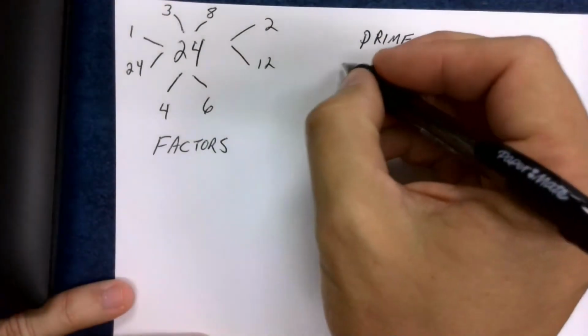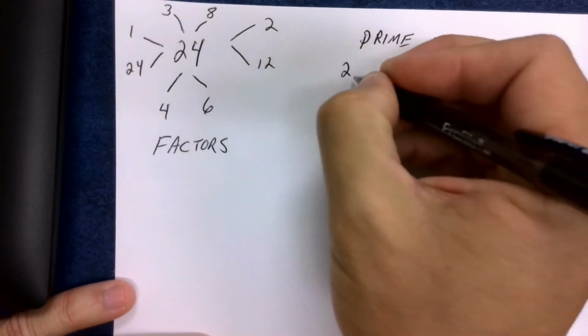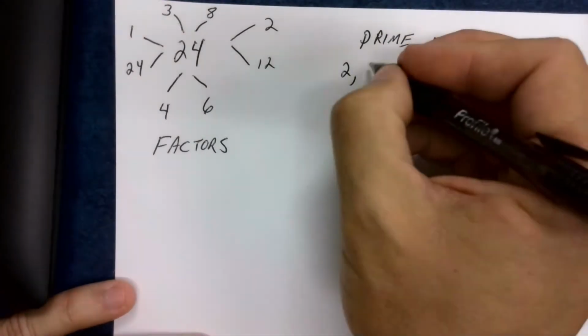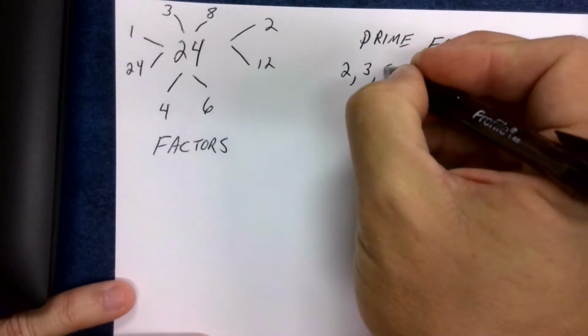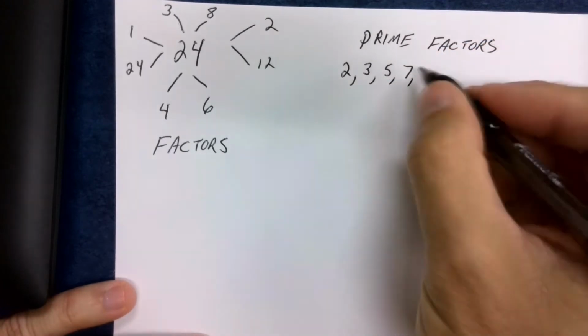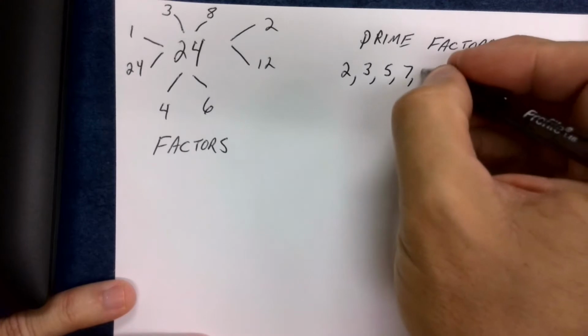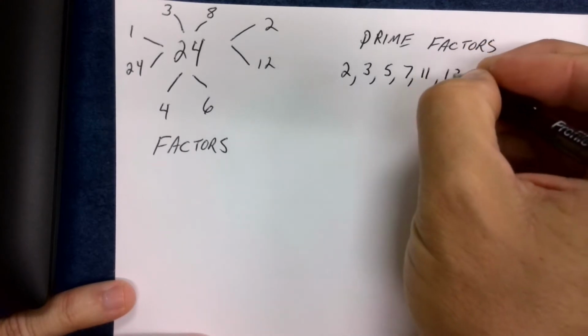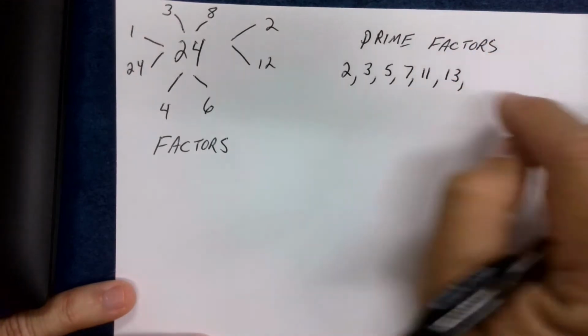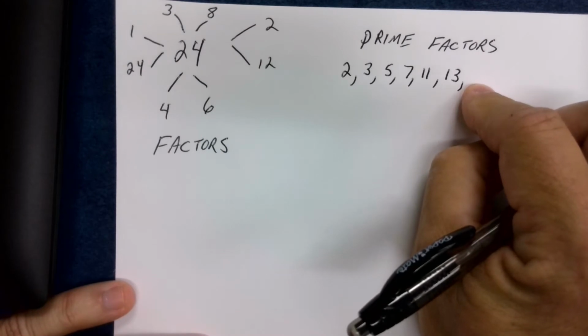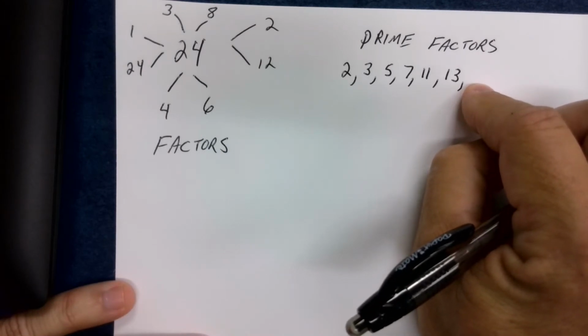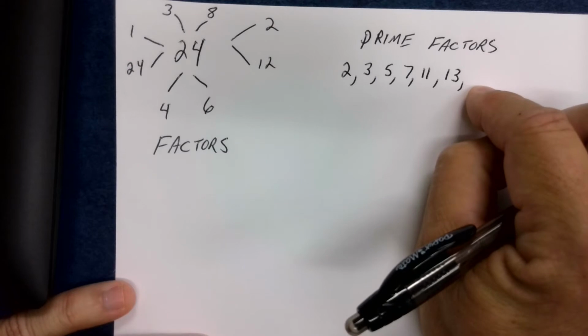So let me give you a quick little rundown of some prime numbers again. 2 is the only even prime number. 3, 5, 7. I can't use 9 because 9 is divisible by 3 and 3, but I can use 11. I can use 13. I can't use 15 because 15 is divisible by 3 and 5. Remember, primes are only divisible by 1 and themselves.